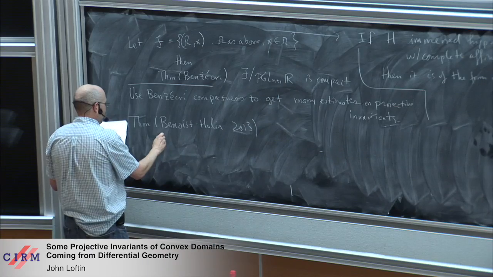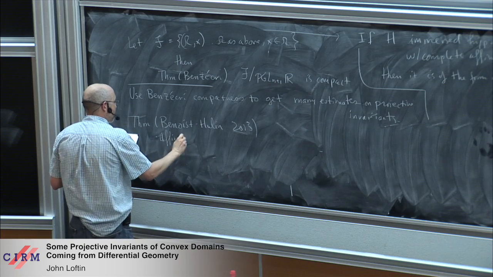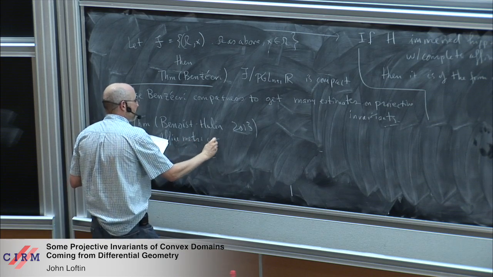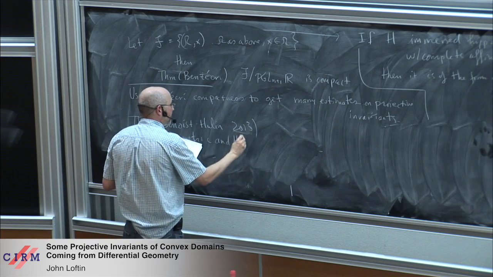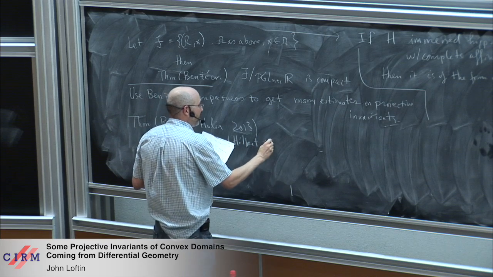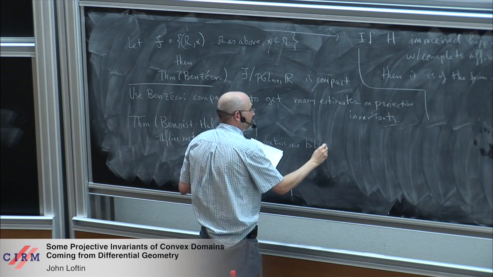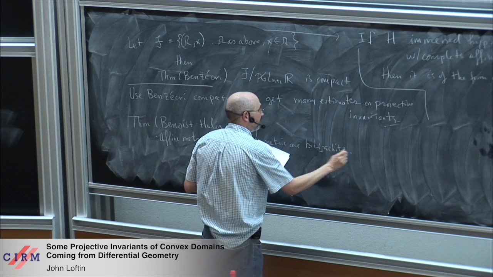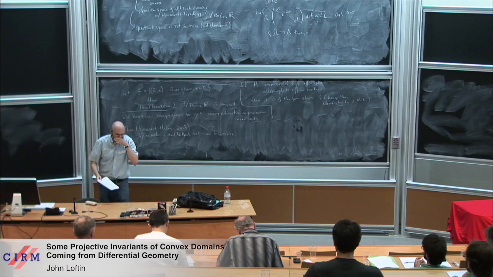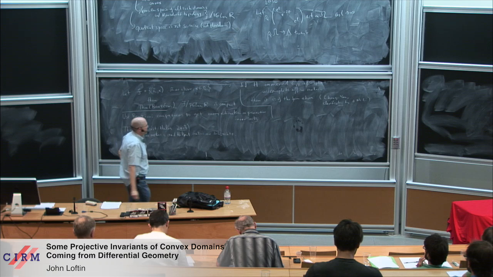basically the affine metric and the Hilbert metric are bi-Lipschitz. And this is bi-Lipschitz in a strong sense.